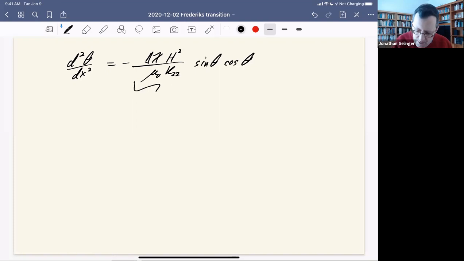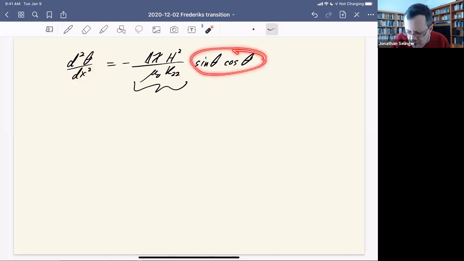Now, this combination of factors better have dimensions of 1 over length squared. You can tell that because theta is dimensionless, and here's a length squared in the denominator. This stuff is dimensionless, so this better be 1 over length squared.